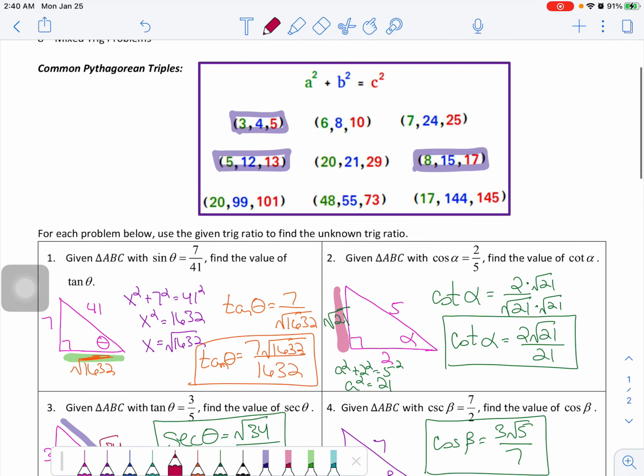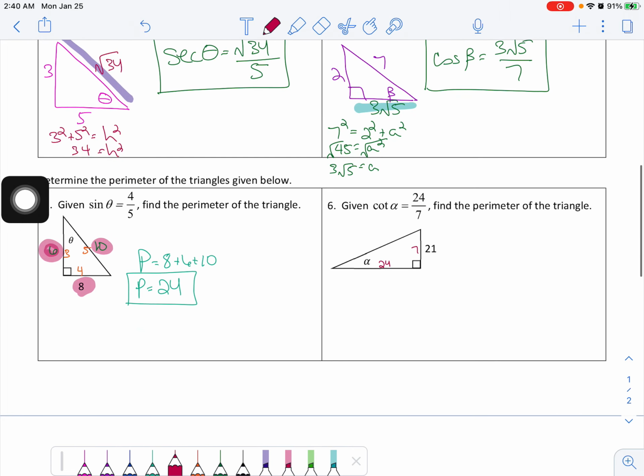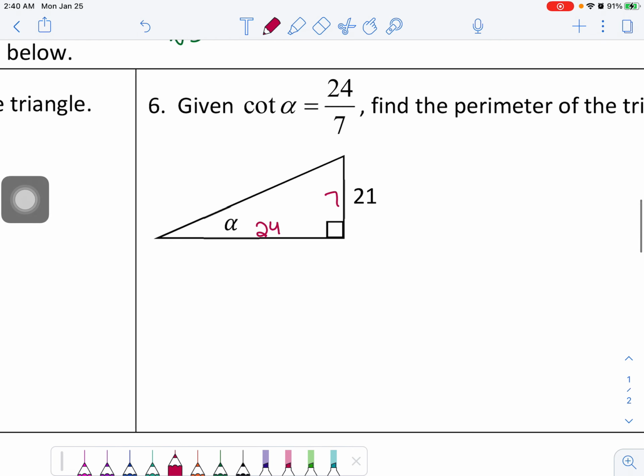Let's see. 24 and 7. Oh, there it is. So 24 and 7 with a hypotenuse of 25. See, those Pythagorean triples come in handy. So 7, 24, 25 is the small simplified values, but I want to figure out how to get to the actual perimeter that I'm using here.